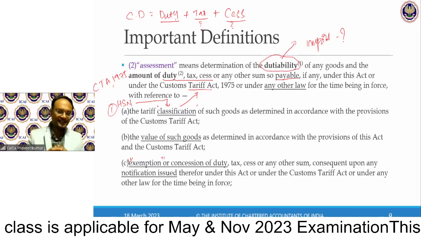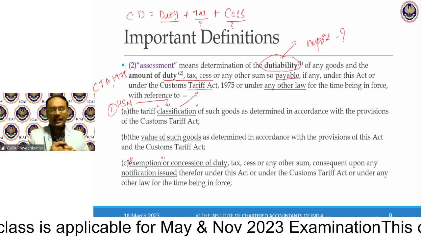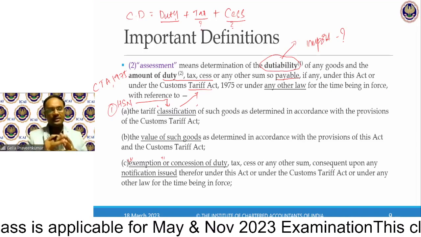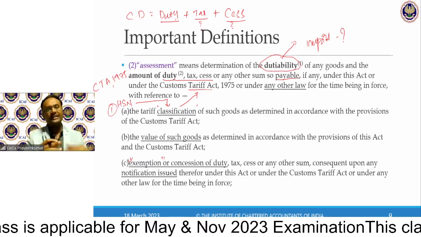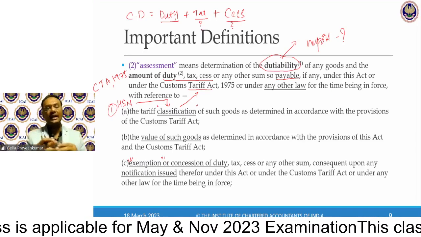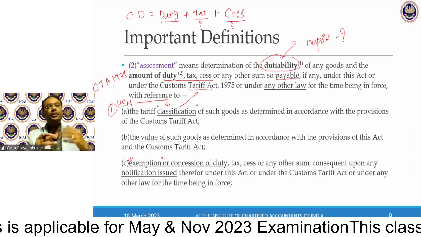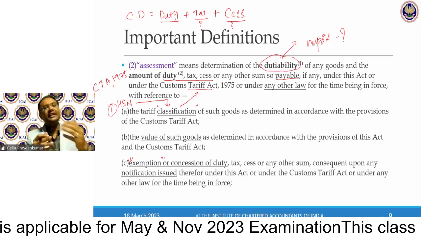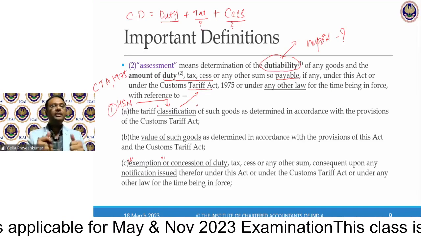Like for instance, if you have imported a radio, which is an electronic good, a watch, which is a device other than electronic goods, or a torchlight, which is again other than electronic goods, you will identify them based on the nomenclature.